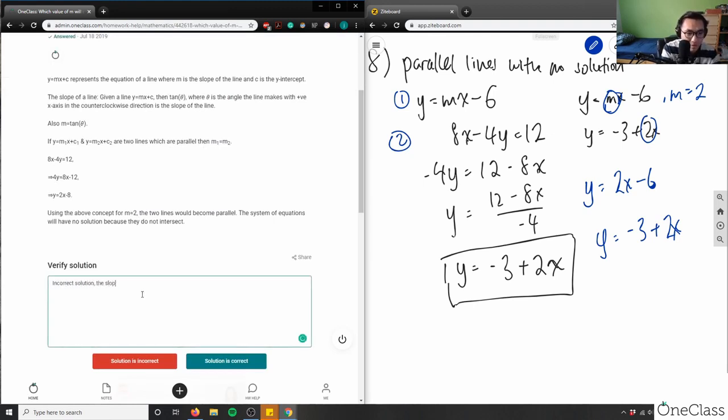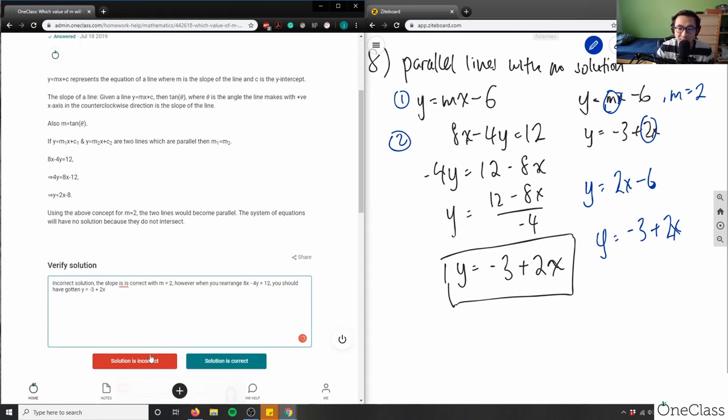The slope is correct with m equals 2. However, when you rearrange 8x minus 4y equals 12, you should have gotten y equals negative 3 plus 2x, and that's what we got here, not 2x minus 8.